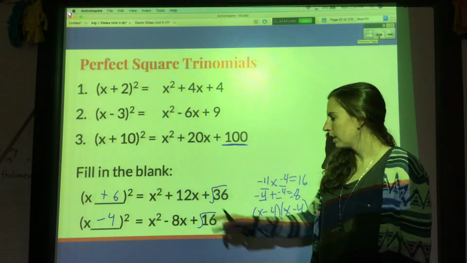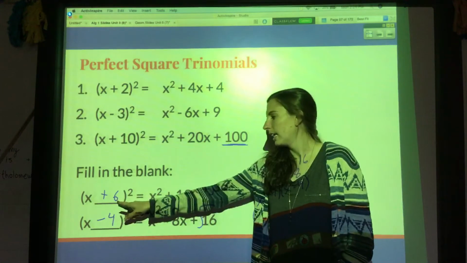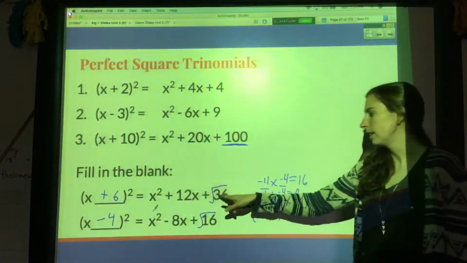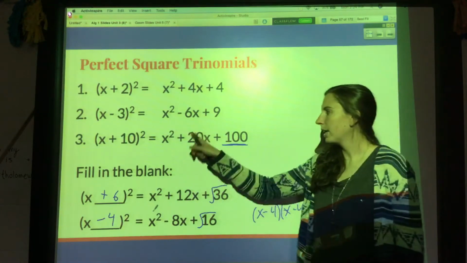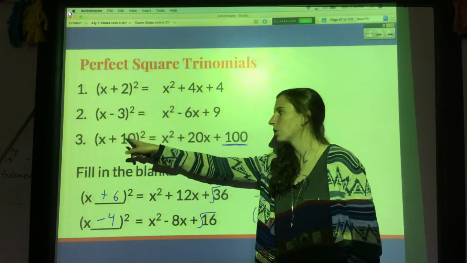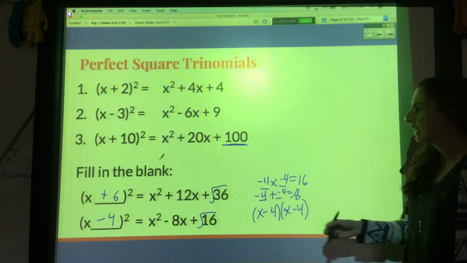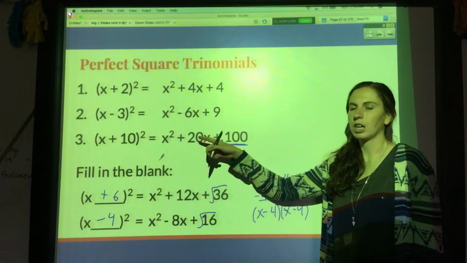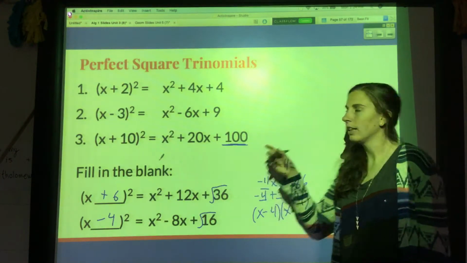Well, you notice I cut 12 in half to get here, and then 6 squared is how we got 36. Same thing here, you cut 20 in half to get 10, and then 10 squared is 100. So basically you're taking this middle number, cutting it in half, and squaring it to get that number there.